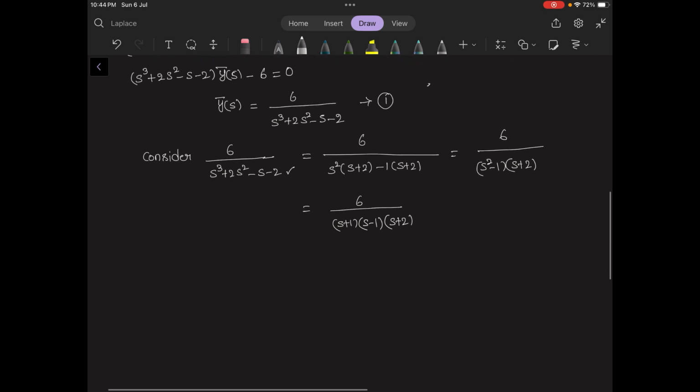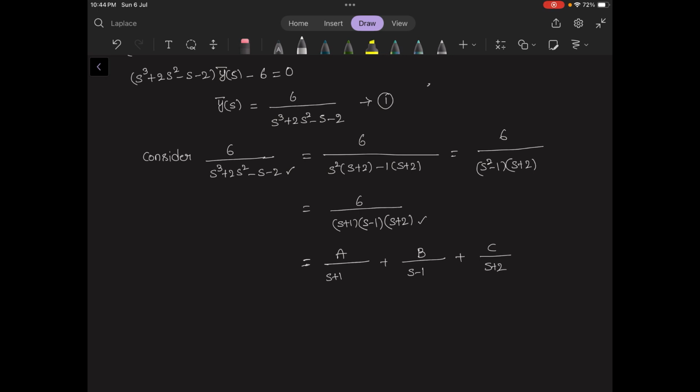So the first step I have taken is to split this given term into several linear parts. Once you have split this into linear factors, I can write this as a divided by s plus 1, that means the first linear factor, plus b divided by the second linear factor s minus 1, plus c divided by s plus 2.